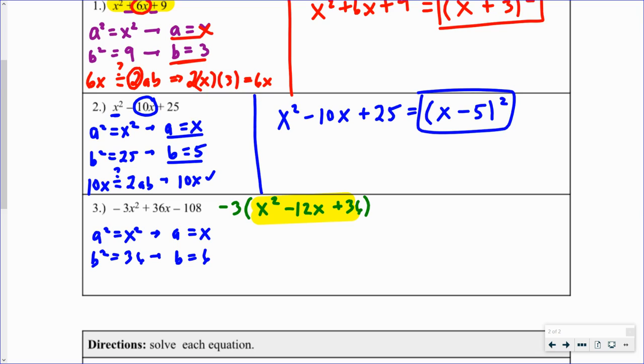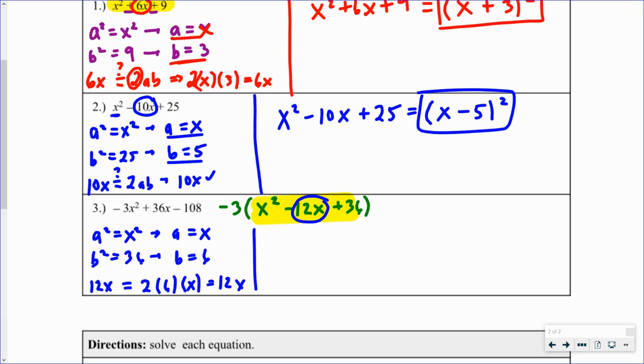And then does the middle term, and again, we're just thinking absolute value in this case, equal 2 times ab? Well, let's see, 12x equals 2 times a times b, so 2 times 6 times x, which is 12x. So yes. So again, this does factor as a perfect square trinomial.